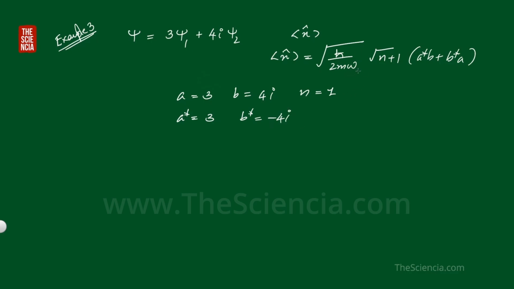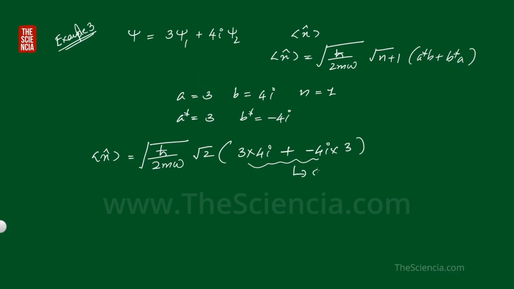Now we substitute all these values in the above expression: x is equal to root of h cross by 2m omega, root n plus 1, that is root 2, into a star b, that is 3 into 4i, plus b star, that is minus 4i, into a, that is 3. Okay, this is equal to 0.